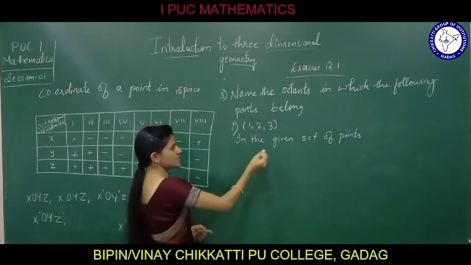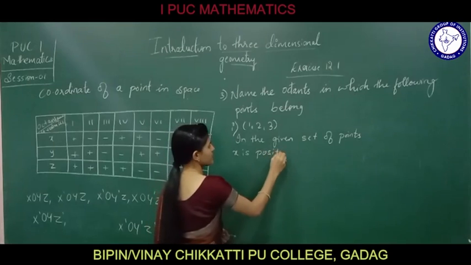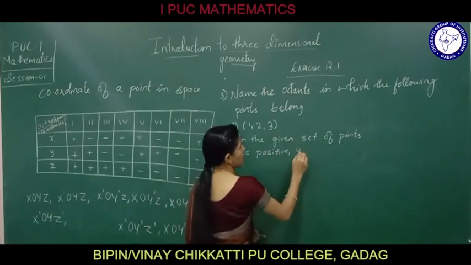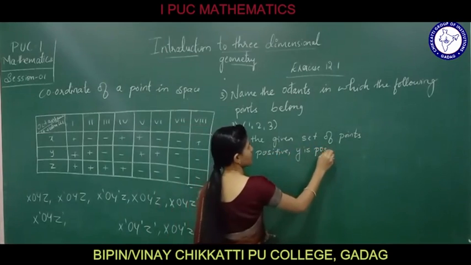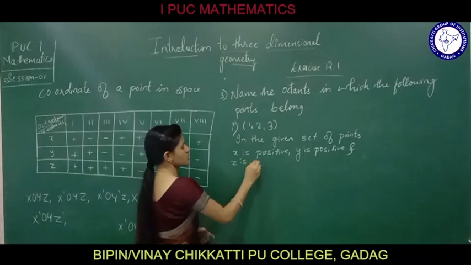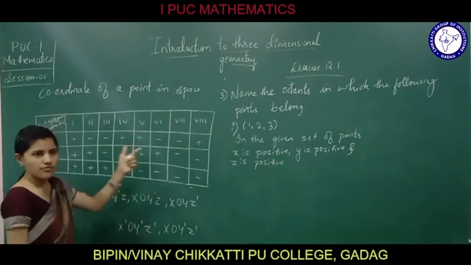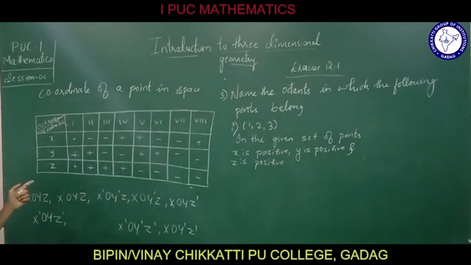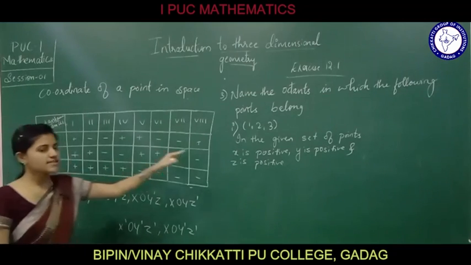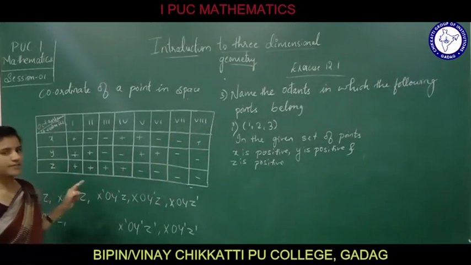So in the given set of points, x is positive, y is positive, and also z is positive. So look over this table where we find all three positive. Therefore, this set of points belongs to the first octant.